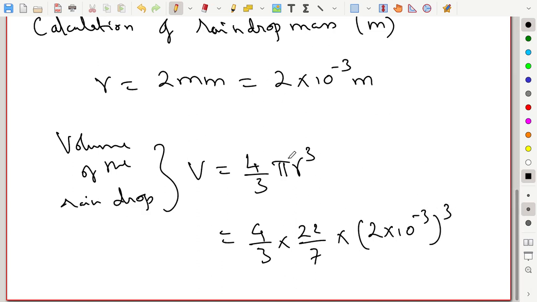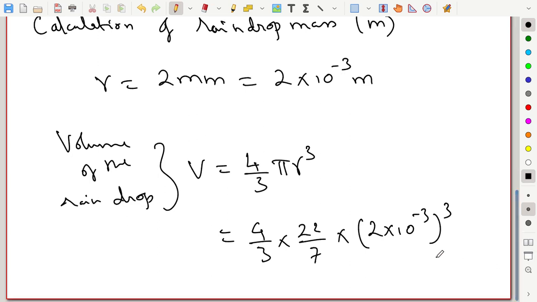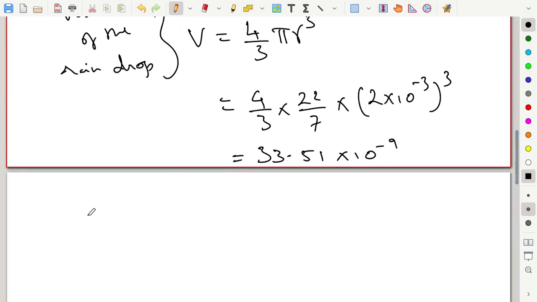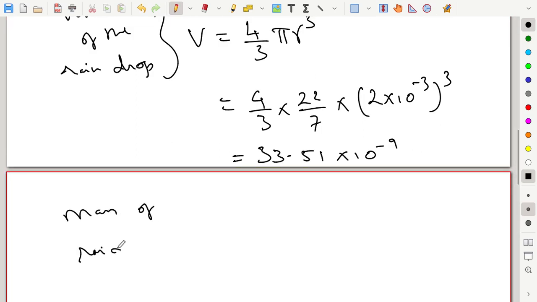I have calculated this value already, and this value is approximately 33.51 into 10 power minus 9. Next we want to find the mass of the raindrop.